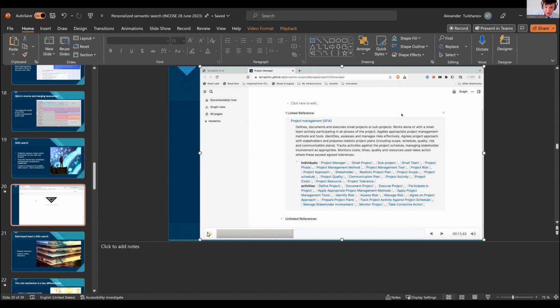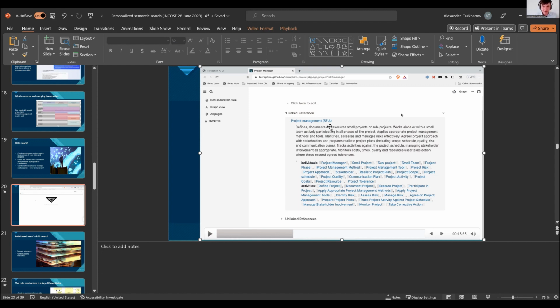So when you click on an entry that it has found in your data set, it goes directly to the page in your personal knowledge graph, or in your team knowledge graph. Knowledge graph is just a fancy word for your Notion or some Wikipedia or GitHub. So every page is just a node of the graph, and it has links. You see a lot of links to other pages, and that is how it connects.